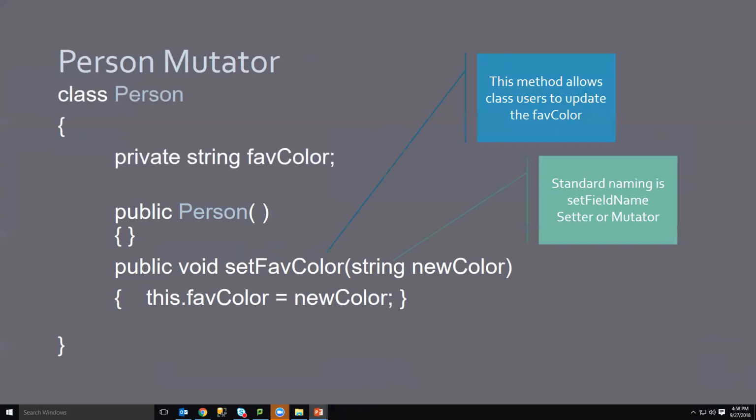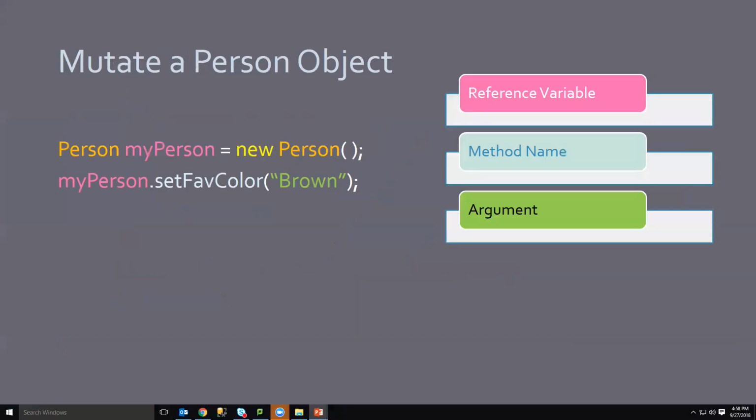Now, whenever we're using a mutator object like that, the Java standard is that we use the word set, and then we follow it with the field name in the class that we're allowing to be changed. So here's our code that we would see.